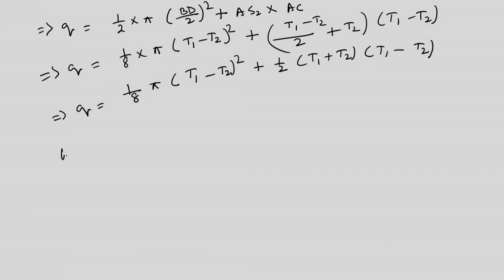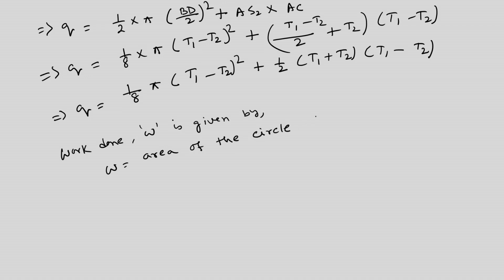So, work done W is given by W equals area of the circle, or area of the cycle ABCD.